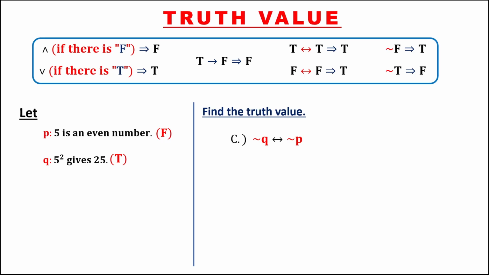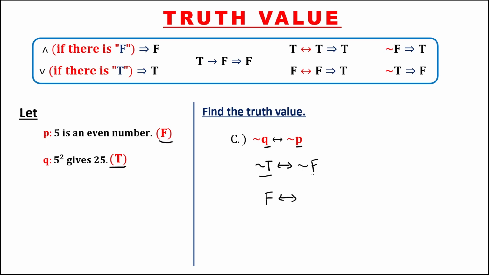Then for this given, the negation of Q, and Q is true. Then this double arrow, the negation of P, and P is false. Then to simplify, this not true, this is false.